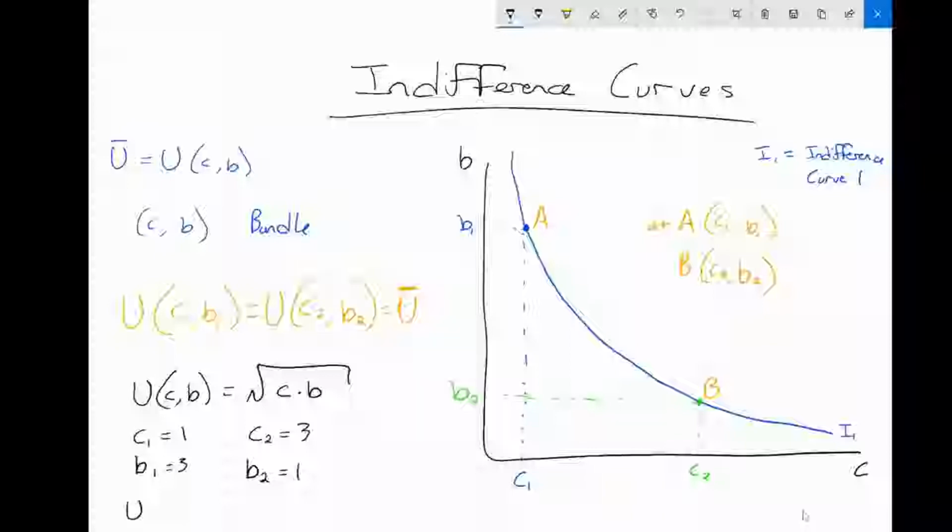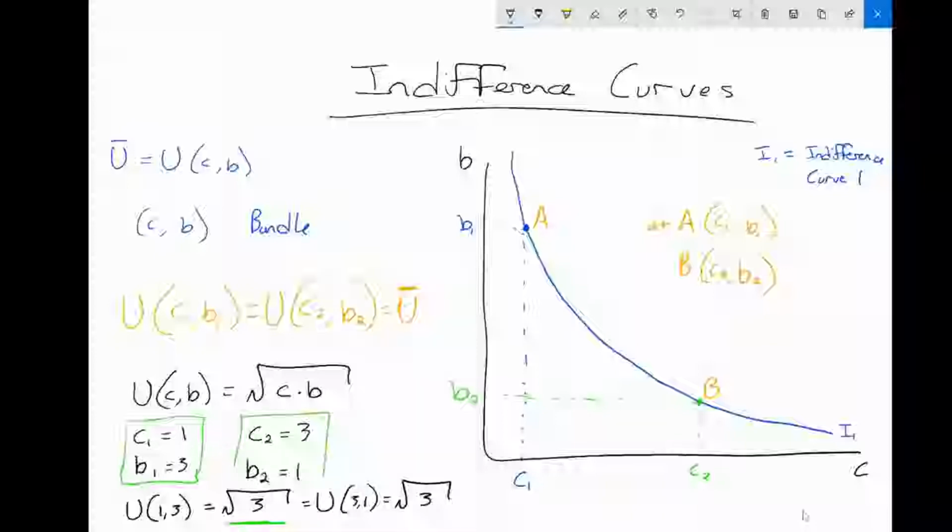In this case, the utility of 1, 3 equals the square root of 3, which equals the utility of 3, 1, which equals the square root of 3. So this would be an example of two bundles that both lie on the same indifference curve. This bundle, 1 and 3, gives me the same amount of utility as this bundle, 3 and 1. These two different combinations of coffee and bagels both give me the same amount of utility.